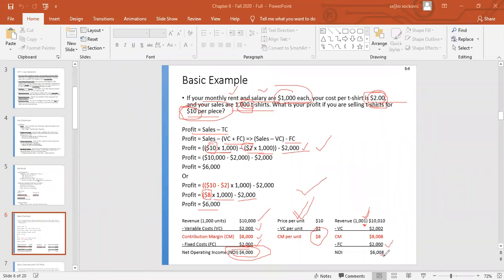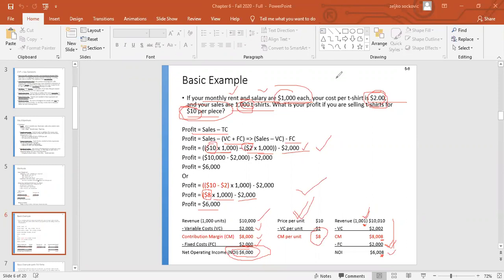Well, $8 plus 6,000: $6,008. You can also go down through this and say 1,001 times 10, 1,001 times 2, will be 1,001 times 8, which is 8,008. And you see that fixed costs stay the same, so you get to 6,008.